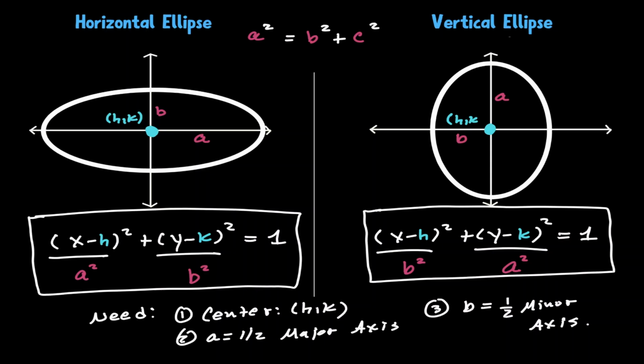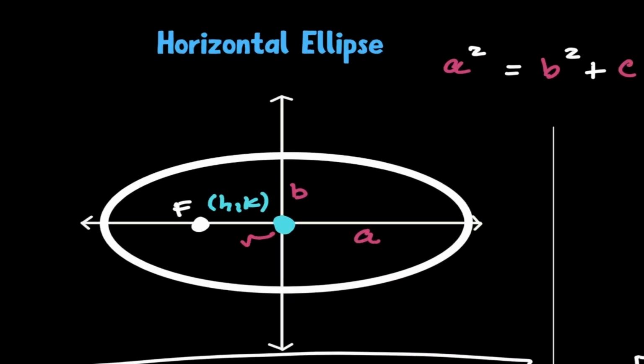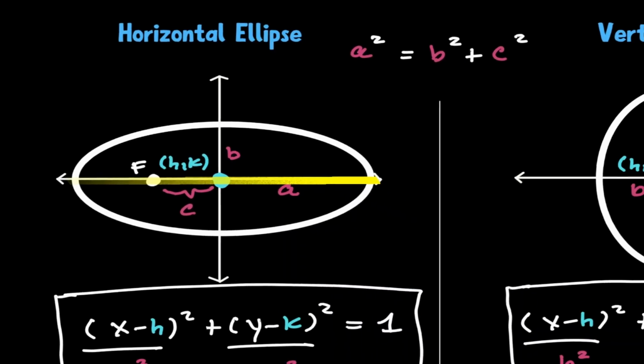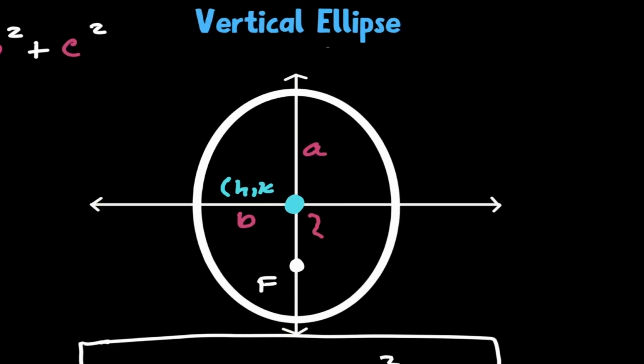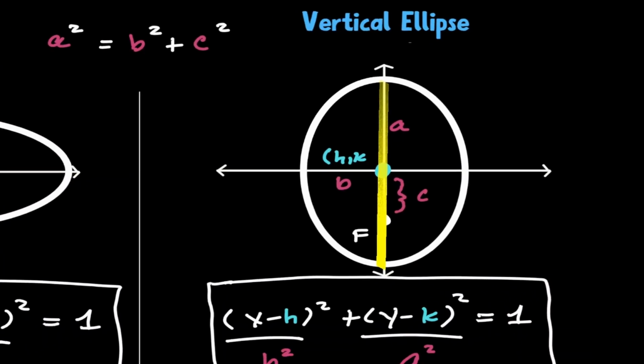Well, remember that c is the distance from the center to any of the foci in our ellipse. If our ellipse has a horizontal major axis, then the foci will be on that major axis. If our major axis is running vertically, then the foci will be on that major axis.